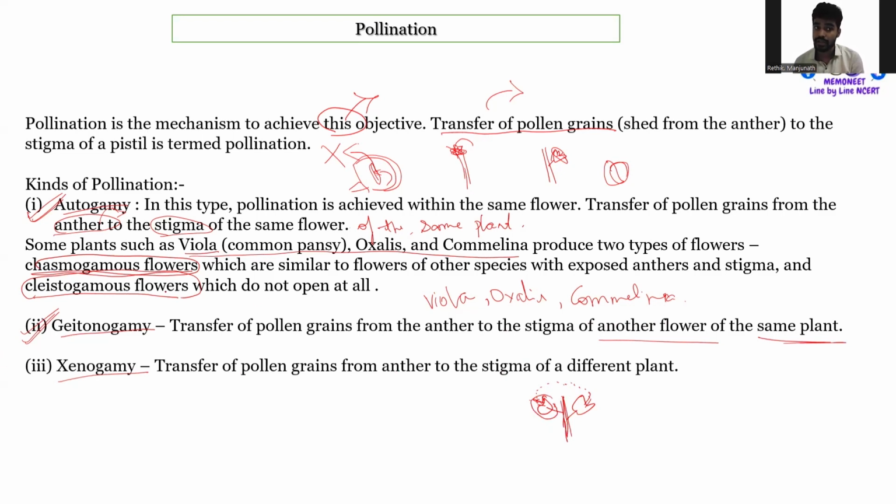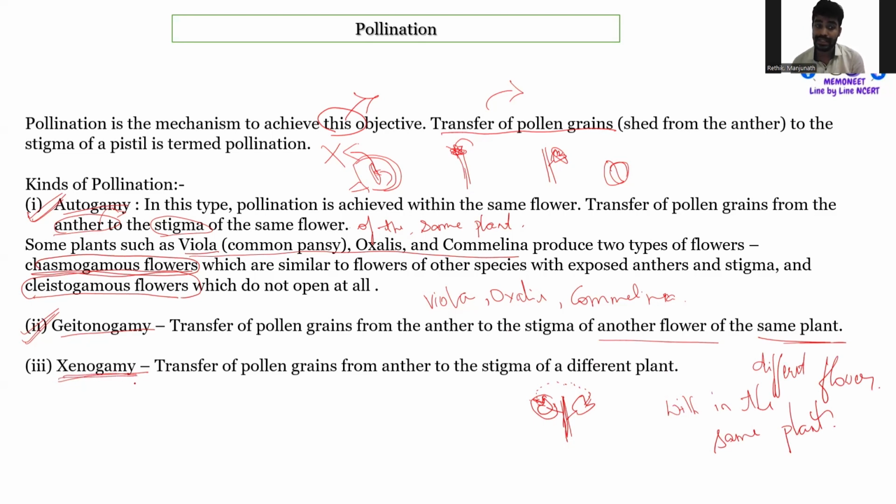This is somewhat similar to autogamy itself, because the pollination is happening within the same plant. But the only difference is a different flower. You're getting? So hence it is called geitonogamy.